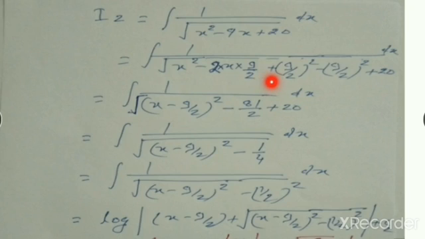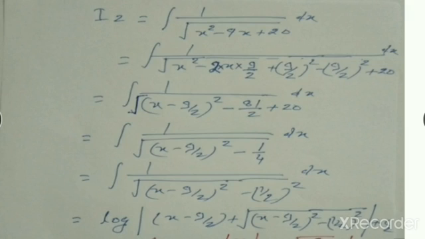That's why I have written here plus b square minus b square, that is plus 9 upon 2 whole square minus 9 upon 2 whole square plus 20. See here, this is in the format of a square minus 2ab plus b square. Its meaning is a minus b whole square, that is x minus 9 upon 2 whole square minus 9 by 2 whole square, means 81 by 4 plus 20.